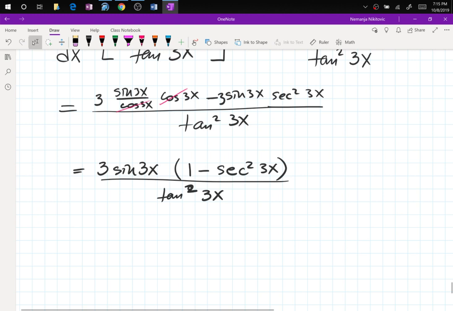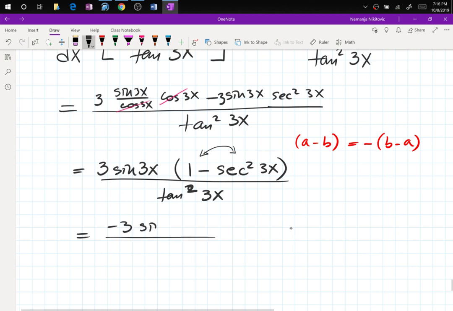Yes? Nice. That definitely works. What I'm going to do is swap the spots here and factor out the minus using the algebra formula, which says that if you want to swap a minus b, you can kick the minus outside and it becomes b minus a. So if I kick a negative outside, it becomes secant squared 3x minus 1.